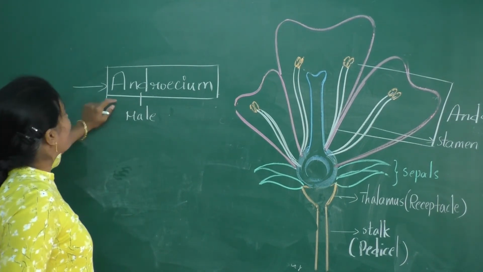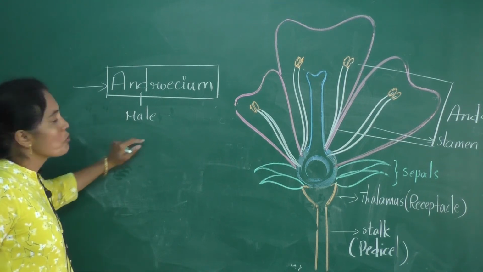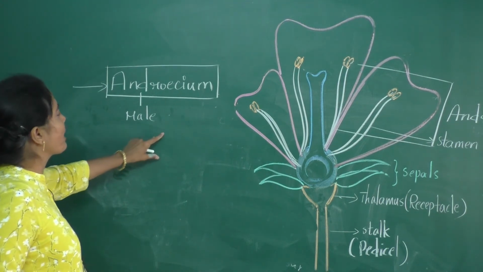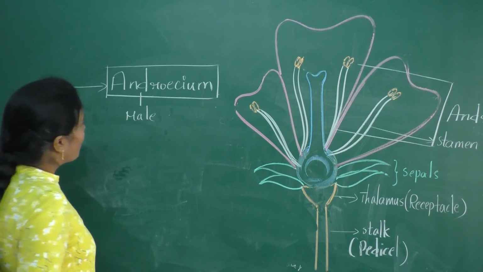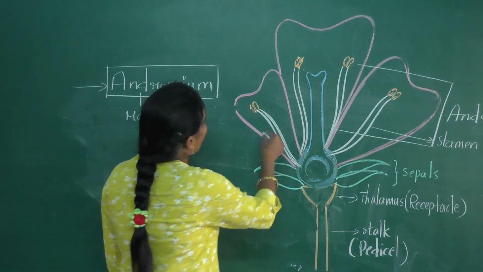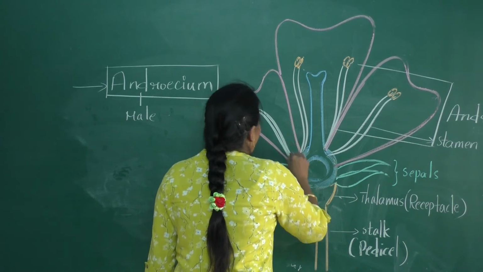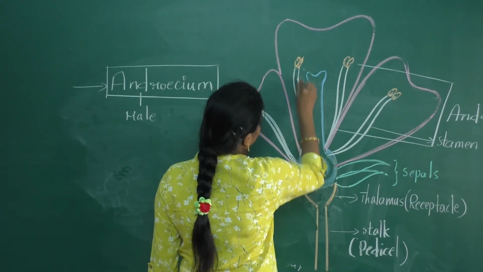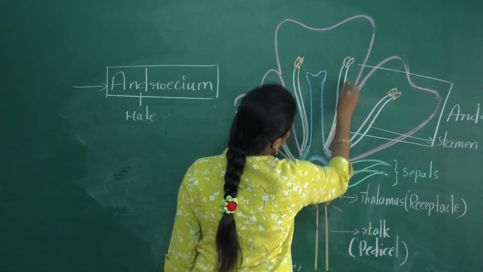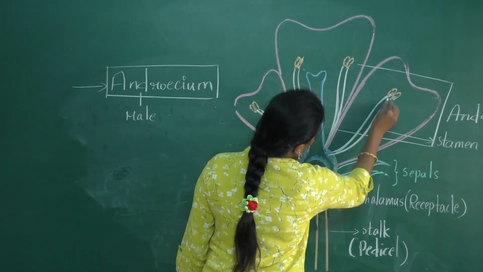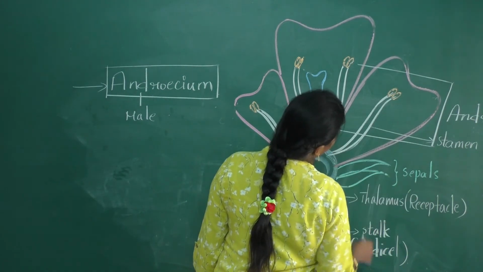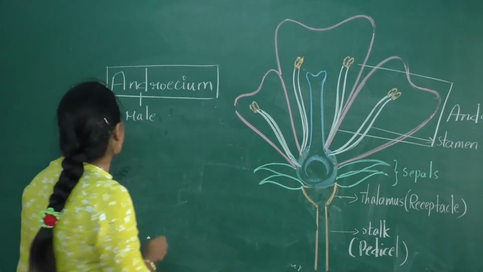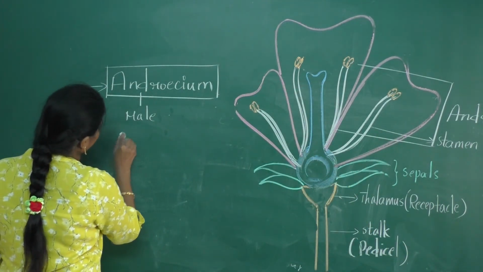Androecium. Here androus means male, so androecium means male reproductive part. So now we will draw that androecium. This is the male reproductive part or androecium. Its functional unit is called stamen.